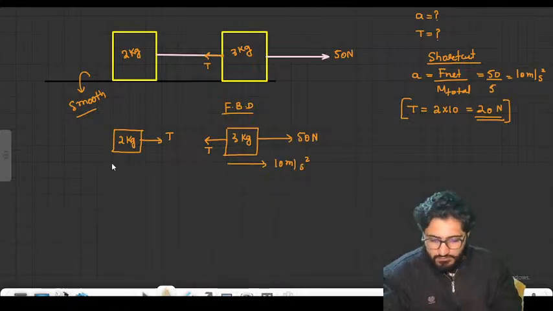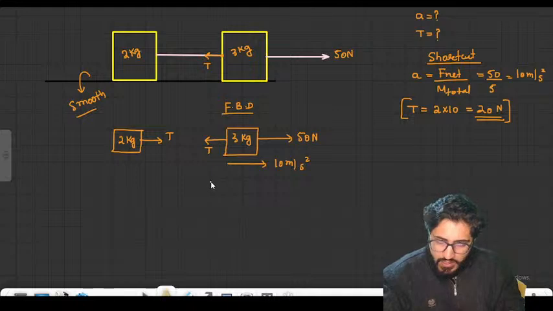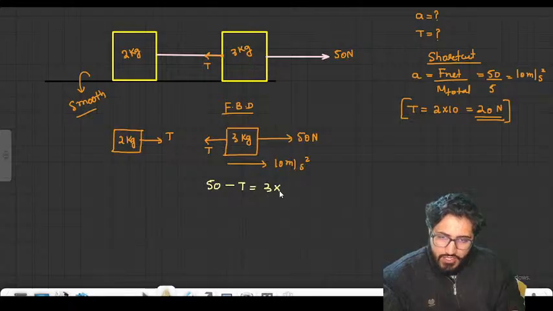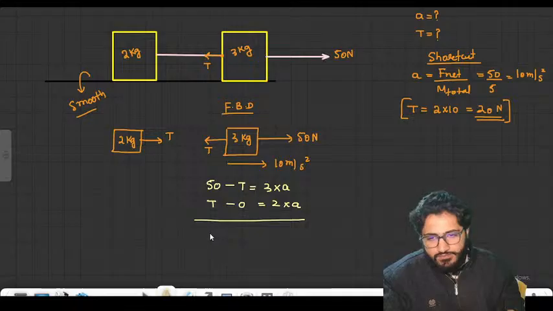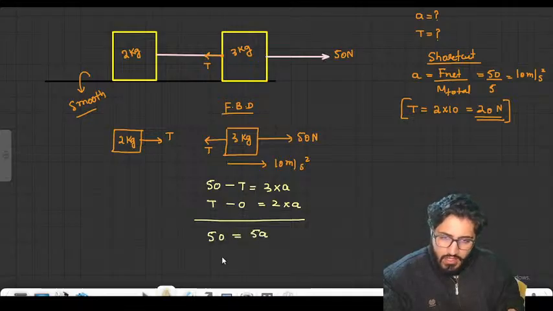Now look, for this one, 50 Newton minus tension T equals mass 3 into acceleration A. For this one, I can write T minus 0 equals mass 2 into acceleration A. Now add these two equations. You will get 50 equals 5A. So acceleration came out to be 10 meters per second square.